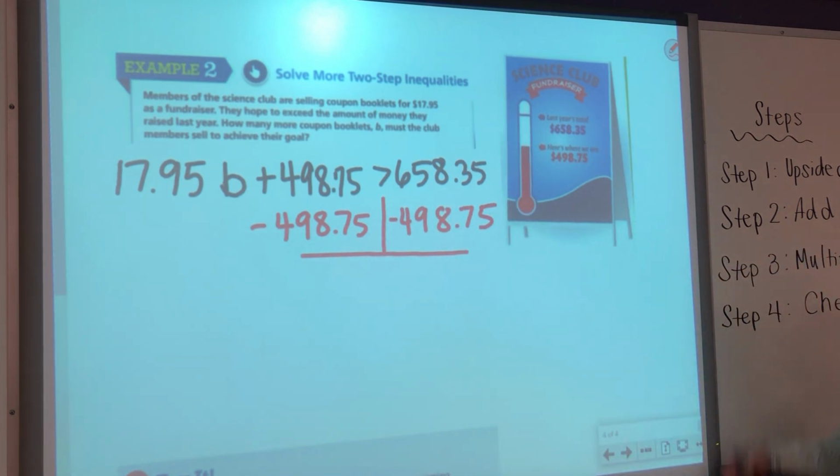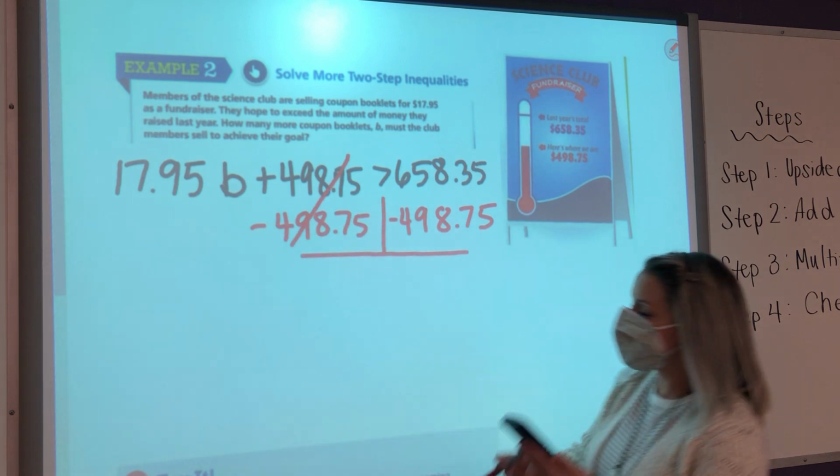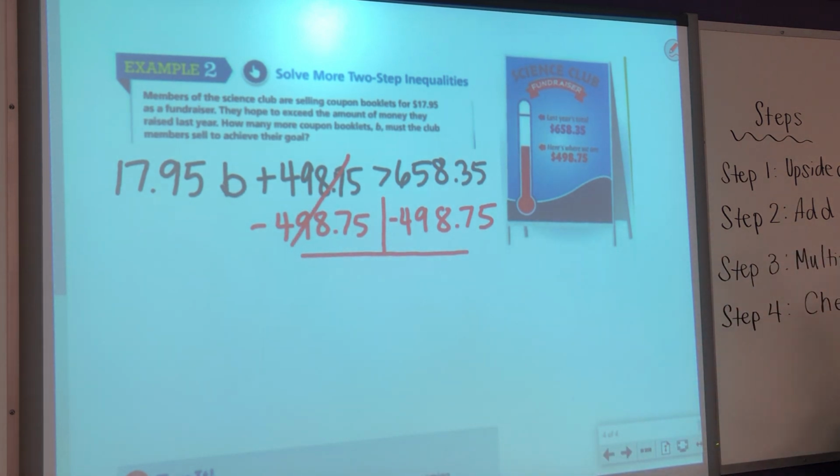We still follow our same steps. Upside down T, adding or subtracting, multiplying or dividing. So again, it's okay to have larger numbers. We still use the same principles of solving when we're doing our problems.